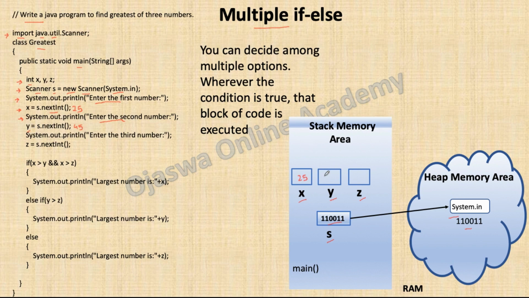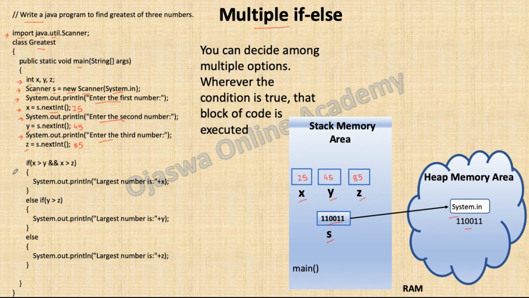So over here y will have value 45. Next statement is System.out.println, "Enter the third number". So this will be printed to the output screen. Suppose the user enters number 85. 85 will be stored inside variable z. Hence over here 85 will be stored inside the memory space reserved for variable z.